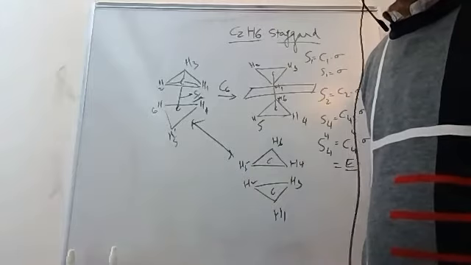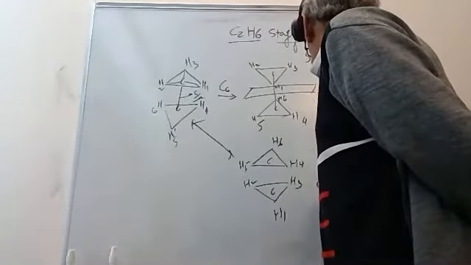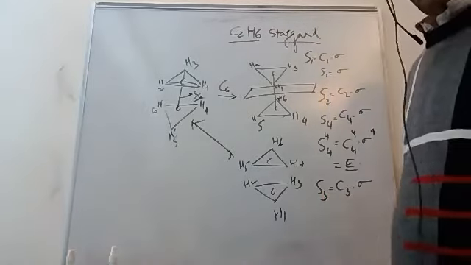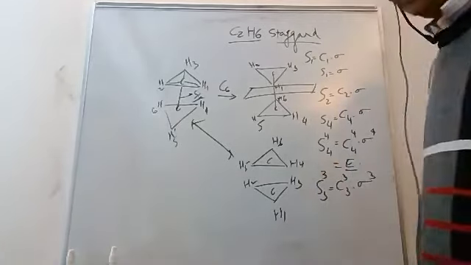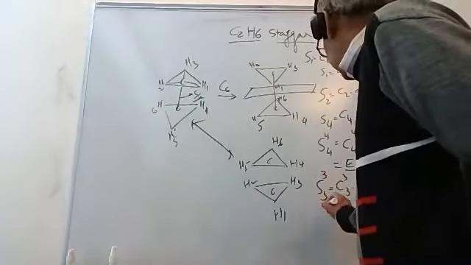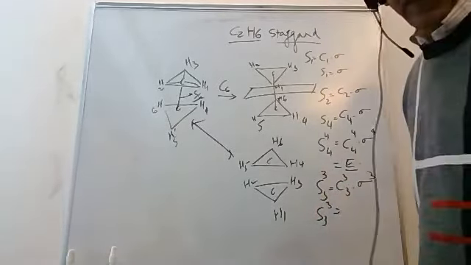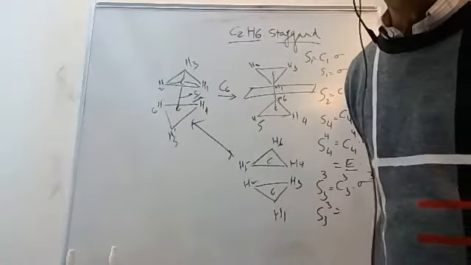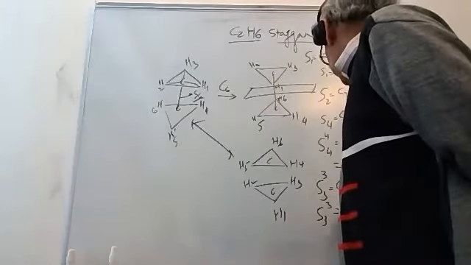Let's do S3. S3 is C3 followed by sigma, right? If I were to do it 3 times, what happens is S3 to the 3, C3 to the 3 is identity, doing nothing, but sigma 3, when you do an odd number of reflections, you still have a sigma here.